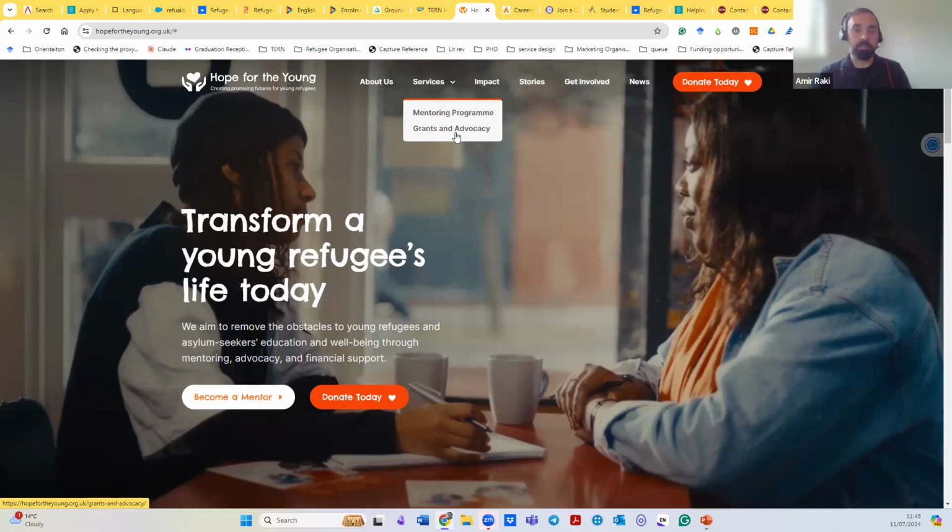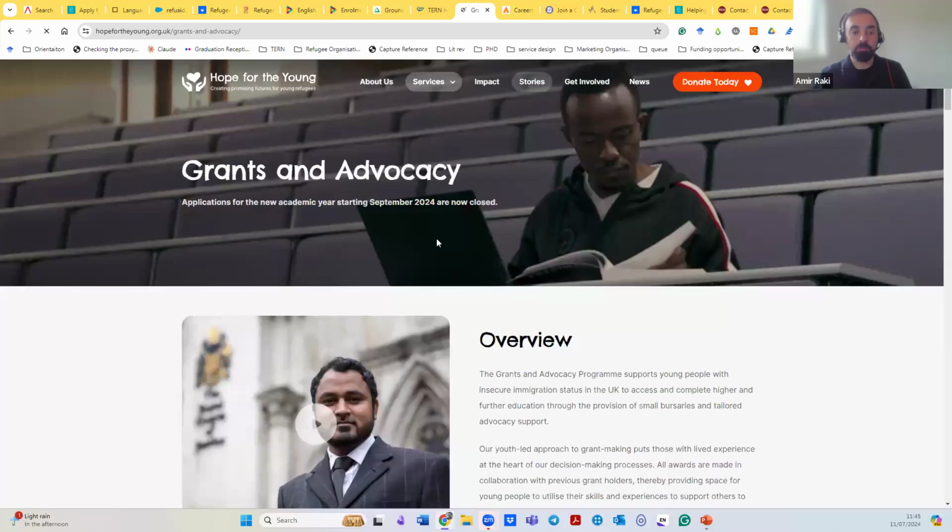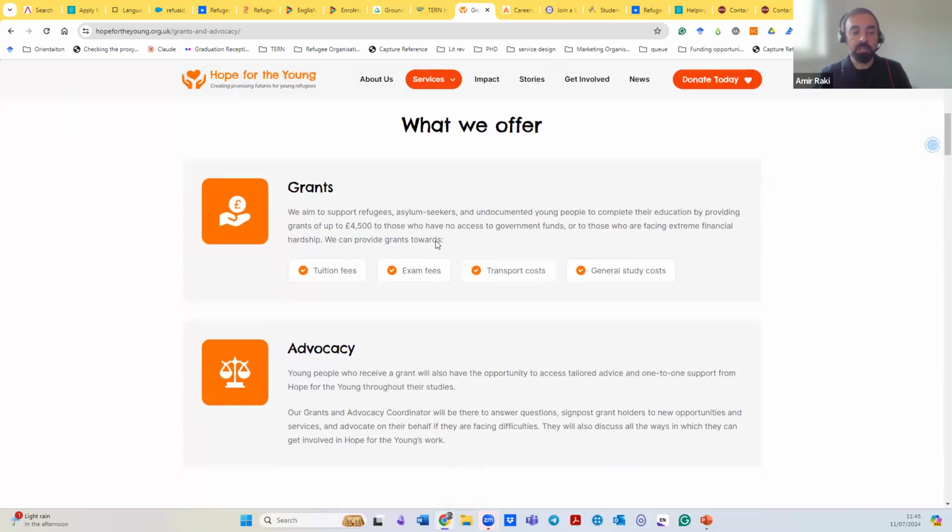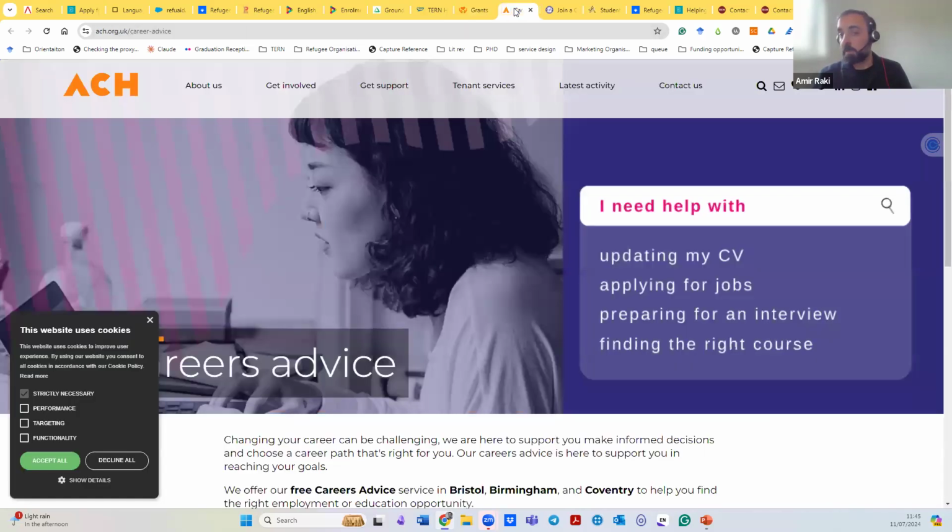Also, for young refugees up to the age of 25, I think, they have some financial support as well. So people can apply to Hope for Future for grants, for financial support for their tuition fees, exams, transport, and general study costs.